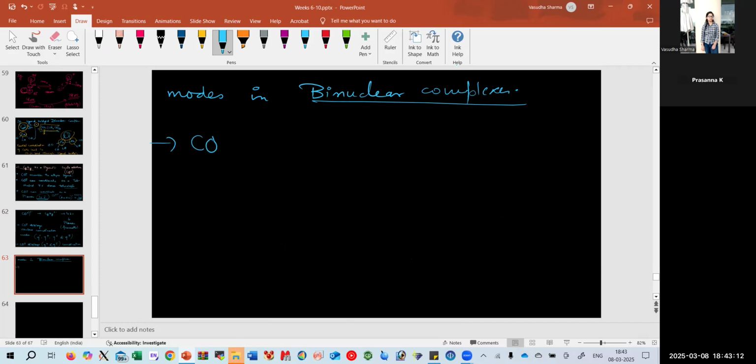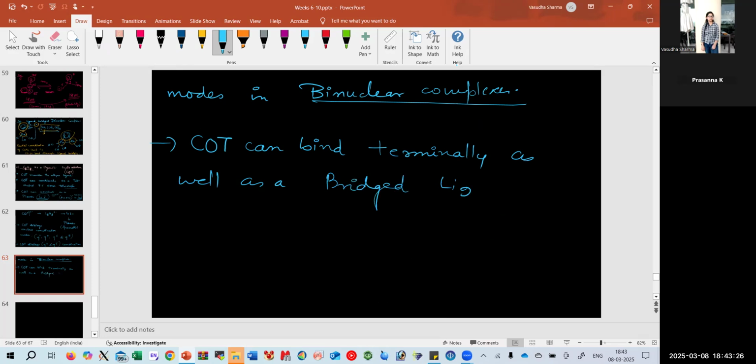And the last point that we have is COT can bind terminally as well as a bridged ligand. That means, say for example, we have a COT. It can be easily bound with the metal, or it can work in this particular way, the 2 here and 2 here.